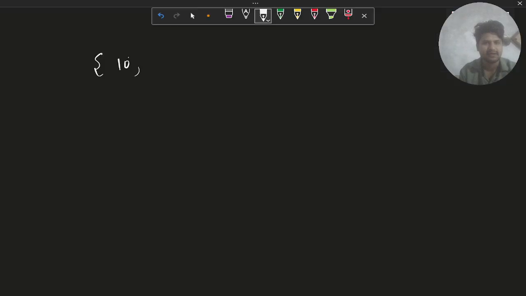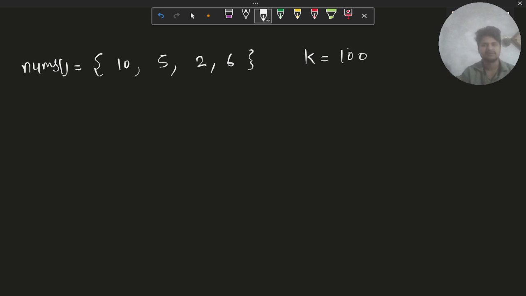Let's say I'm taking example 1: 10, 5, 2, and 6, and we are also given k equal to 100. We are given an array and an integer k, and we have to find the number of subarrays whose product is strictly less than k.